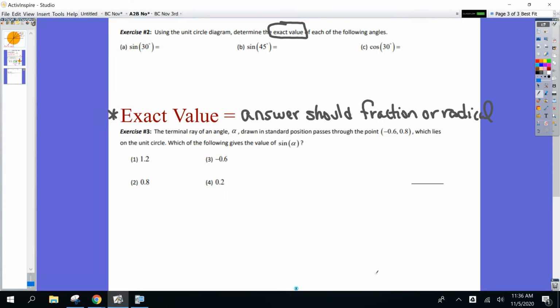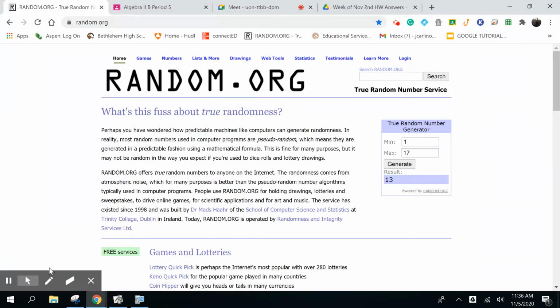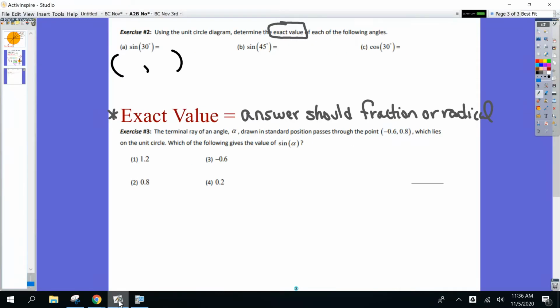All right, sine of 30. The first thing we need to do is go to 30 degrees in the unit circle. Maybe you remember it, maybe you don't. Go back and look. What is the coordinate at 30 degrees on the unit circle?